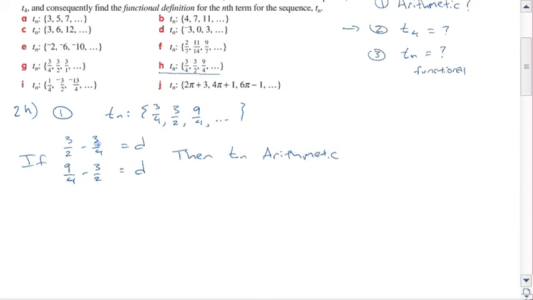So what we need is for this difference here to be equal to that difference there.